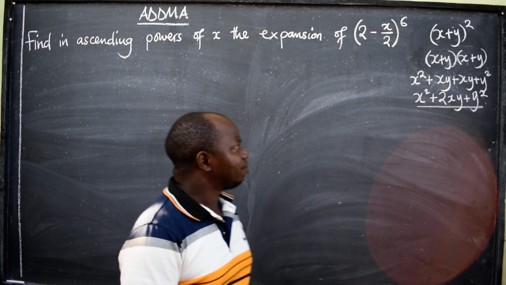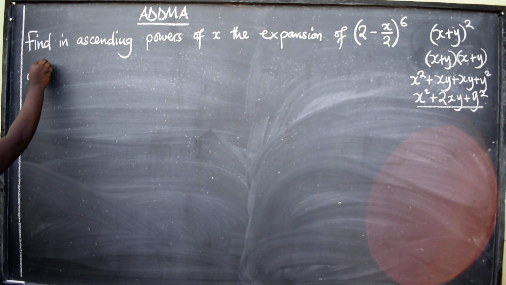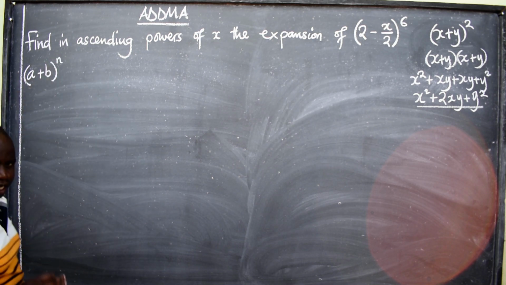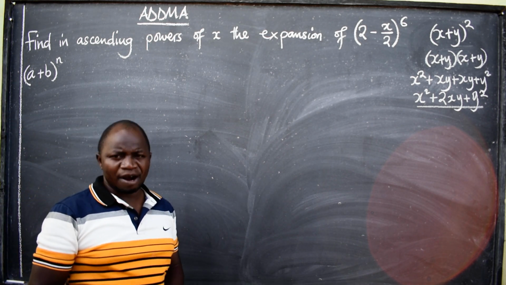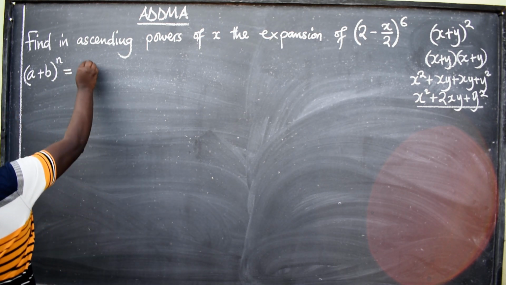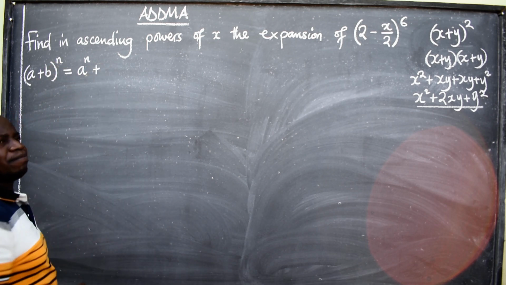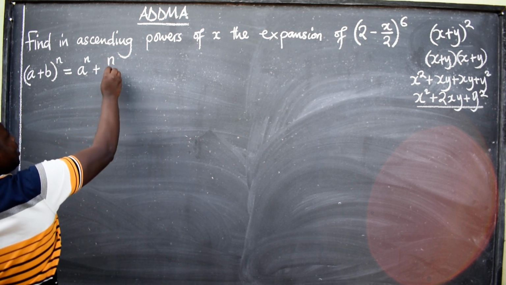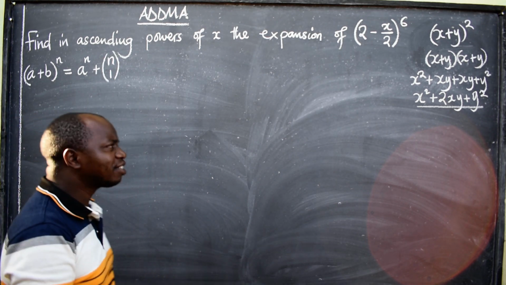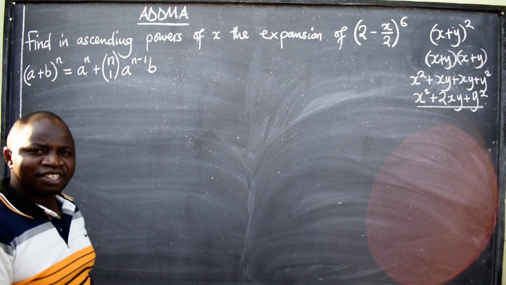The binomial theorem states that if you have a plus b as your two terms raised to any positive power n, then the formula will be a to the power n, which will be the first term, plus n choose 1, or n combination 1, a to the n minus 1 b. Are you following?